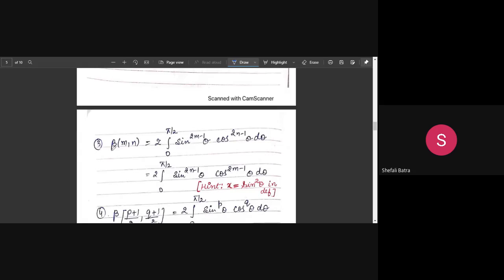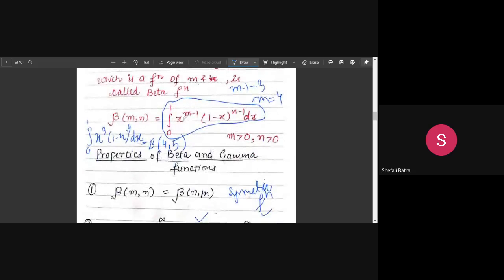Property number 3, beta m comma n is equal to twice integral 0 to pi by 2 sine power 2m minus 1 theta into cos power 2n minus 1 theta into d theta, right? And you can prove this property by putting x is equal to sine square theta in this formula.